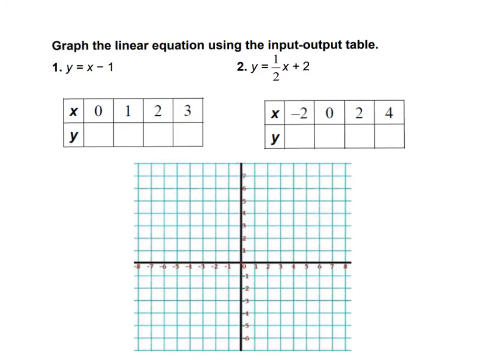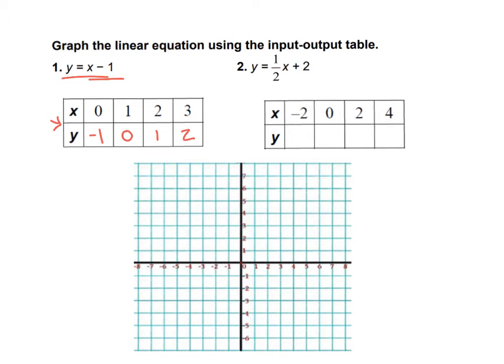So the first thing that we are going to do is what we kind of finished up last time. We are going to use an equation with a table, and we are going to graph it. So x minus 1: 0 minus 1 is negative 1, 1 minus 1 is 0, 2 minus 1 is 1, 3 minus 1 is 2.